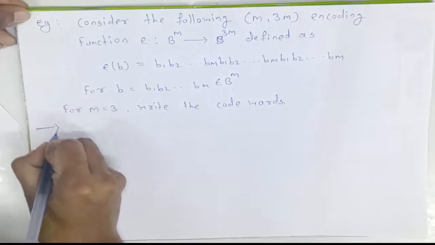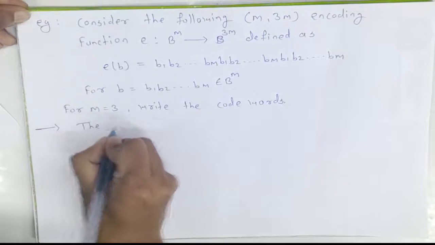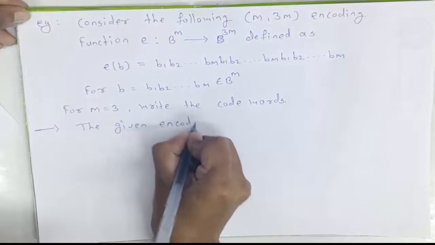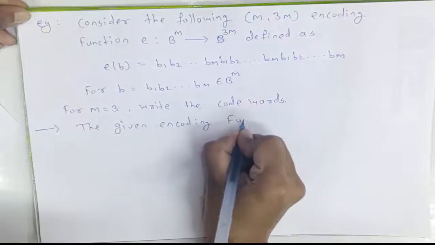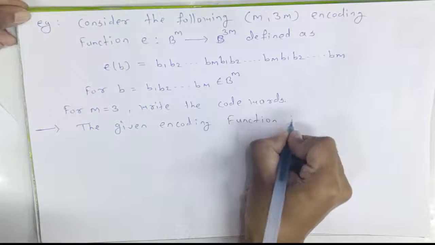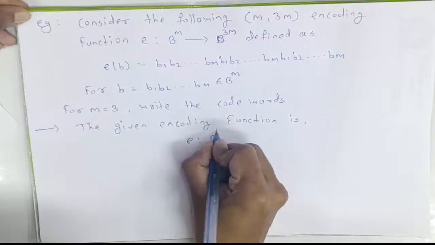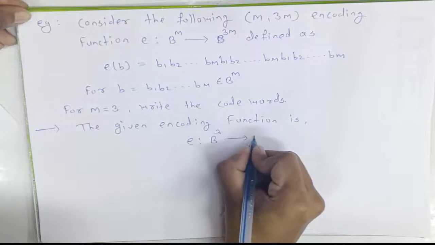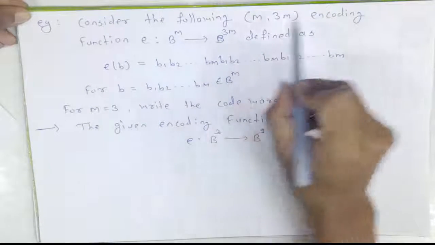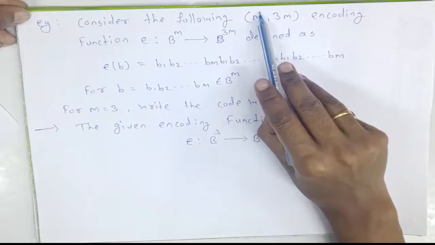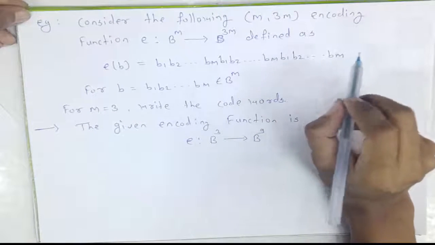So solution, the given encoding function is E from B raised to 3 to B raised to 9, that is M to 3M. If we substitute M equals 3, we get 9.